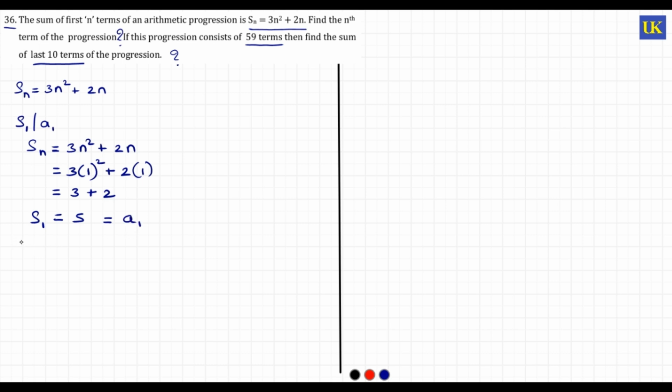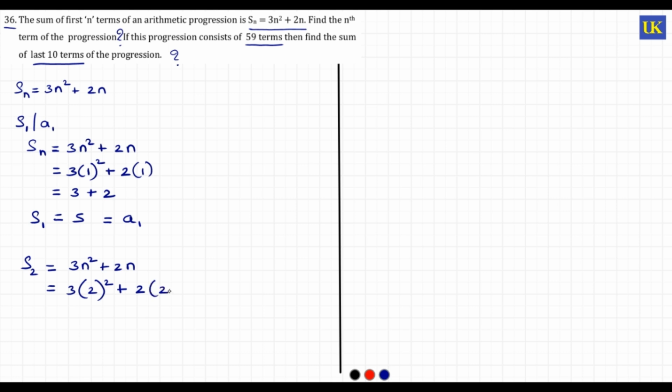Now we will find the sum of the first two terms, S2. We will take the same equation, 3n square plus 2n. This time in n's value we will put 2, because we are finding the sum of the first two terms.